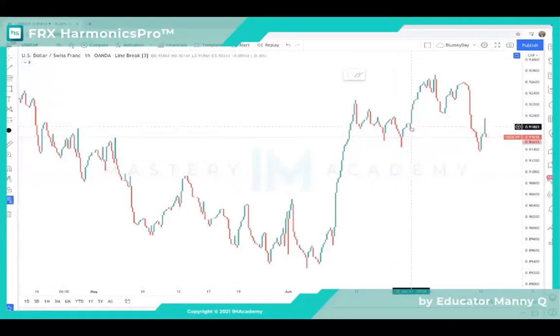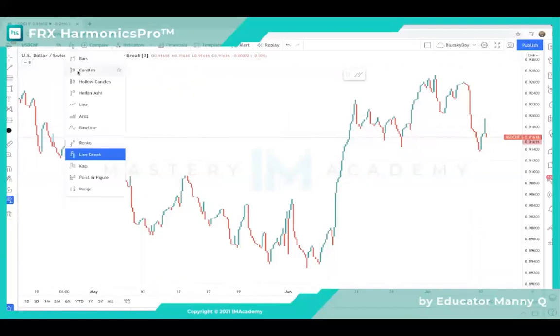If you see it red, it means it broke the previous bullish run and went down. If it went back green, it means it broke the bearish candle and is now back in an uptrend. So by using this wisely, this can also help you identify line breaks and trend breaks inside of the market as well.